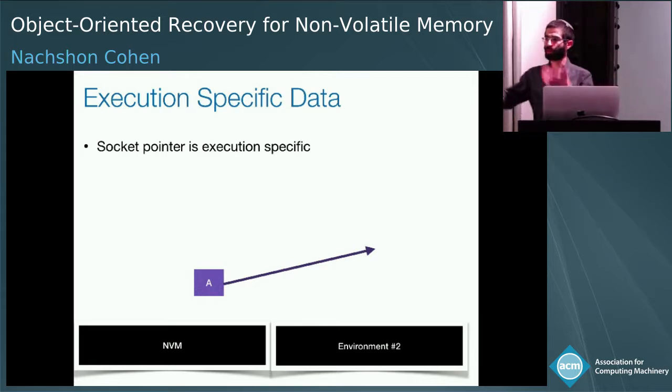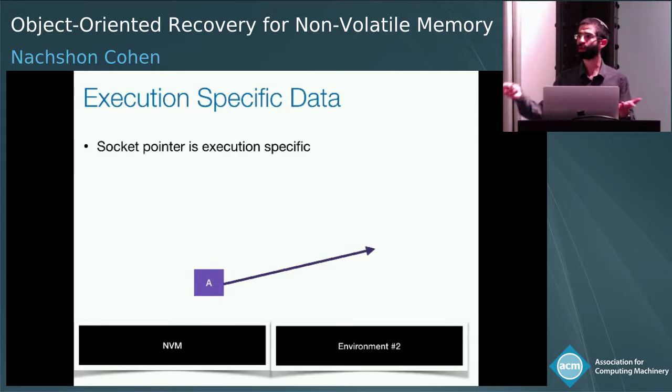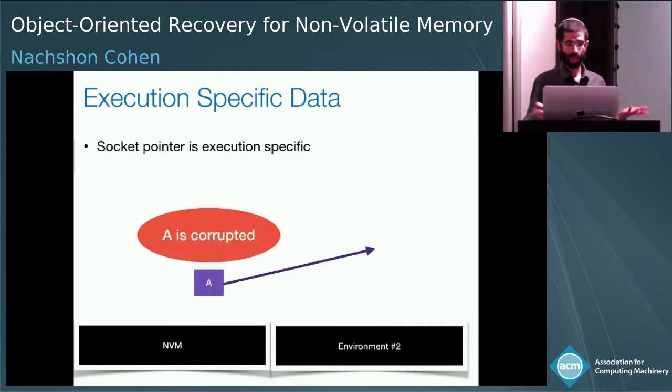We don't know what happened with the other machine. But our object A actually resides on the non-volatile memory, so it is retained. The problem is that now this object A has a pointer that points to nowhere. So this object A is basically corrupted, or in general, the state of our non-volatile memory is corrupted.